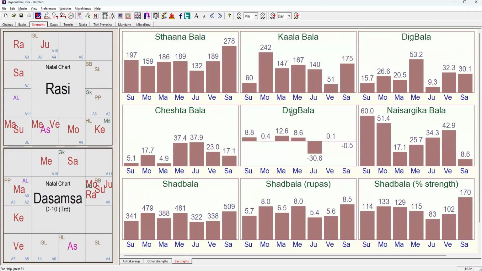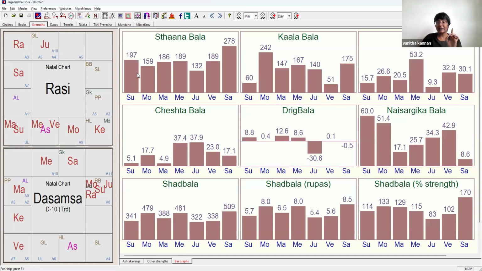Here you have to find the Sthana Bala for the Sun, it is 197. Then you have to compare against the value. Is 197 good or not?